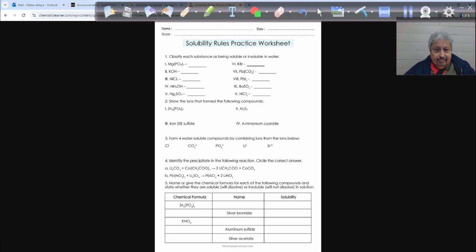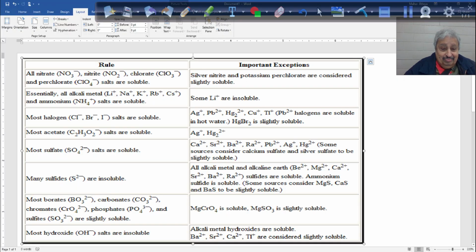The first one, magnesium phosphate, is soluble or non-soluble? So magnesium sulfate. Magnesium is not group 1A, correct?